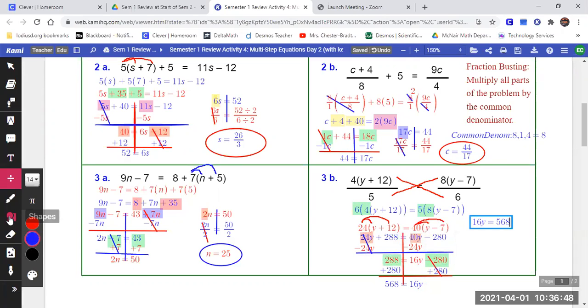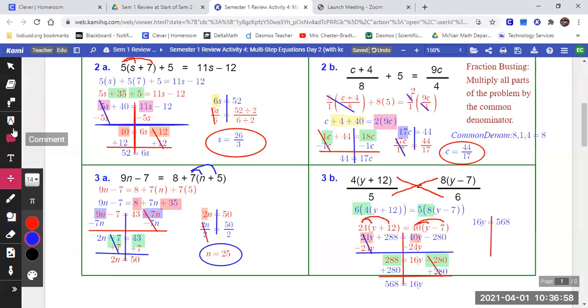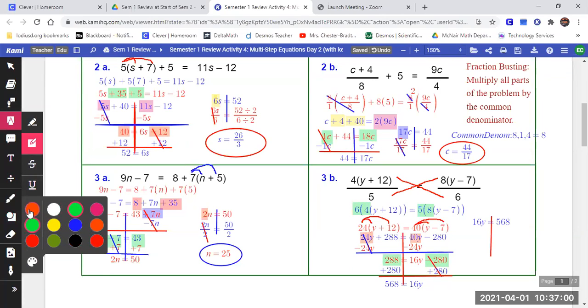Okay, we have handled all the addition and subtraction. We're now moving on to the big one. We're moving the number away from the letter. How are we going to do that? How are we going to move this 16 out of there?